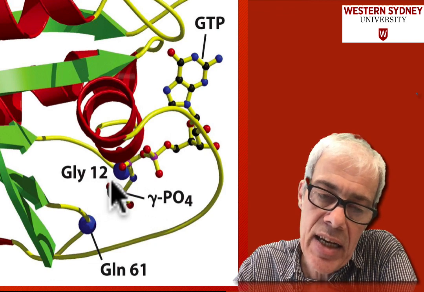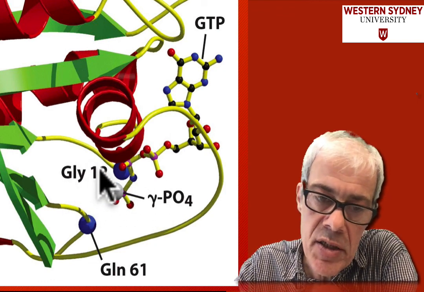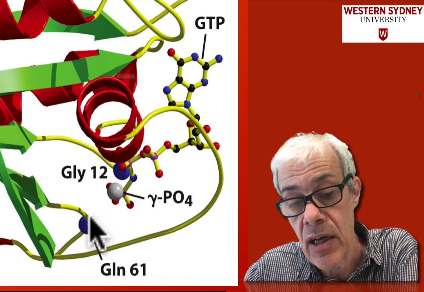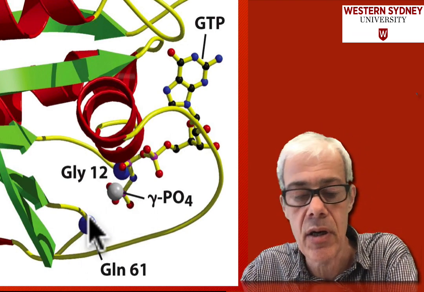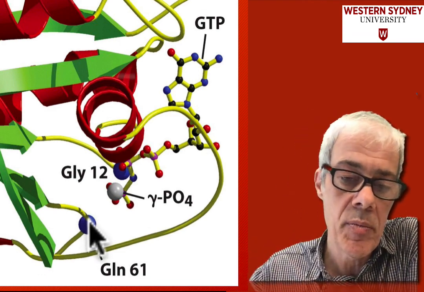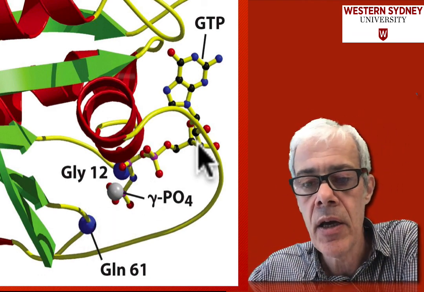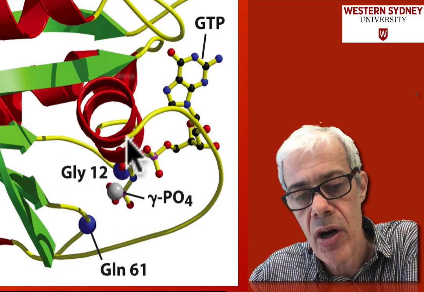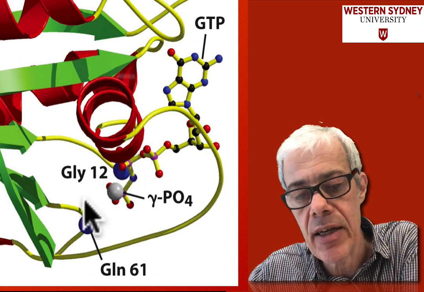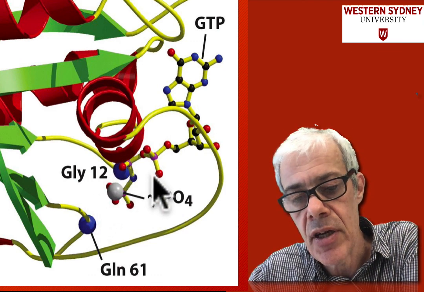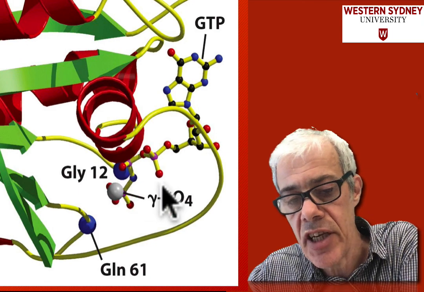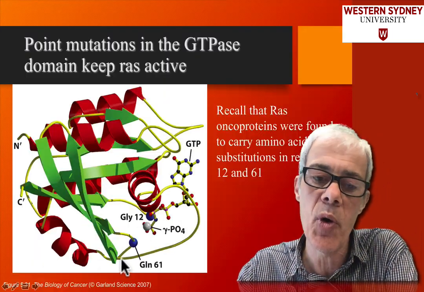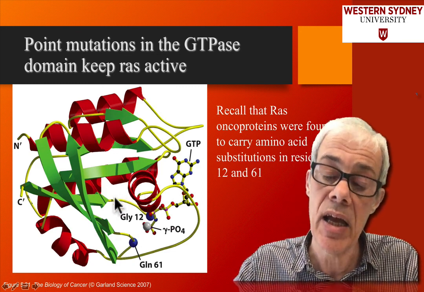Glycine 12 is part of that catalytic domain, as is the residue at position 61. These two residues come into close proximity within the tertiary structure and are part of the catalytic domain that hydrolyzes the GTP. And when you hydrolyze GTP, the active RAS becomes inactive. So mutations at these key points stop RAS from inactivating itself.